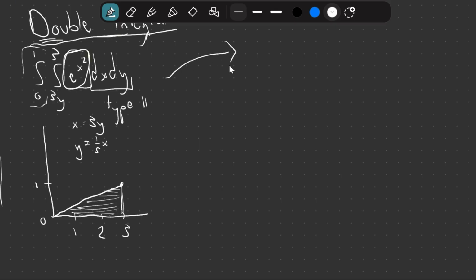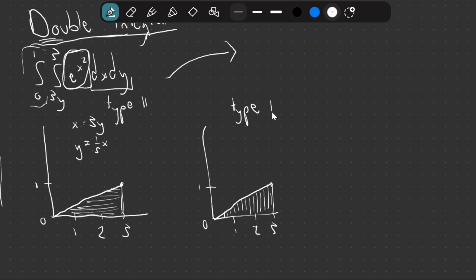So if we switch the order of integration, we draw a second graph. Real quickly, just like that. Now we're going to be putting it into type 1, where it'll be vertical lines. And so the range on the x-axis is from 0 to 3.